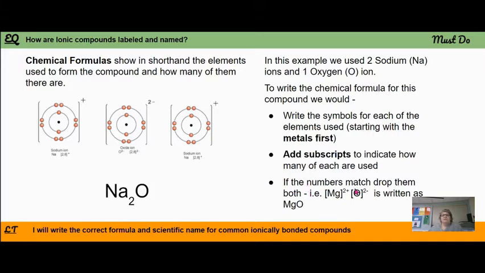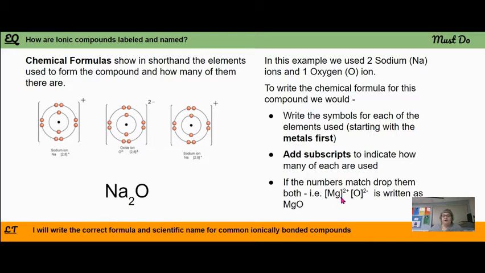If the numbers match, then you're going to drop both of them. So if this was Na2O2, I would drop both of the 2's, right? So in my example here, I have a magnesium ion, which is a 2+, and I have an oxygen ion, which is 2-. It would take 2 magnesiums and 2 oxygens to form a bond.